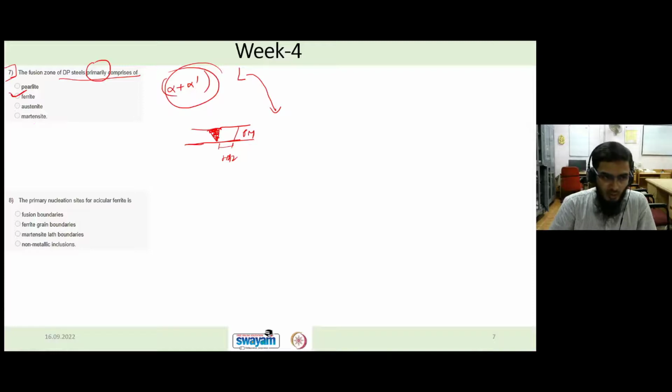Now we will try to solve question number 8. The primary nucleation sites for acicular ferrite. If your acicular ferrite is forming, then what will be the nucleating site for it?